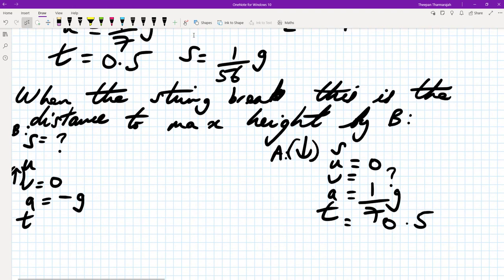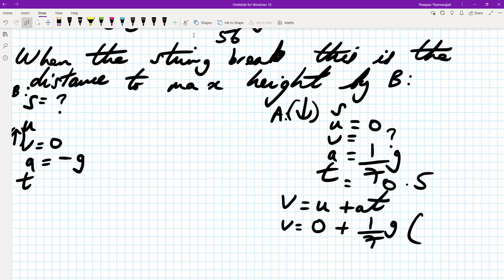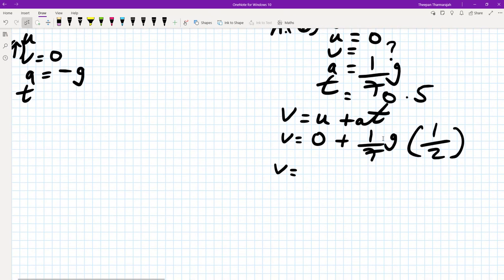So we're going to use v equals u plus at. So v equals 0 plus 1/7 g times a half. So we can say that v was 1/14 g.